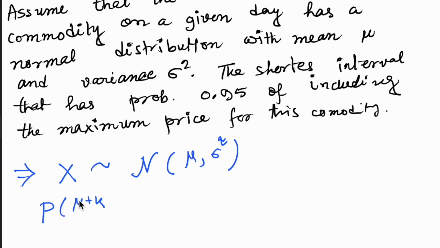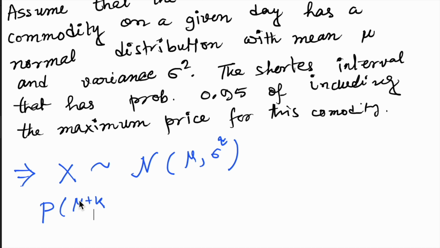If the price is normally distributed, then what is the range, that means if I purchase that commodity, within which rate will I get the commodity with probability 0.95?